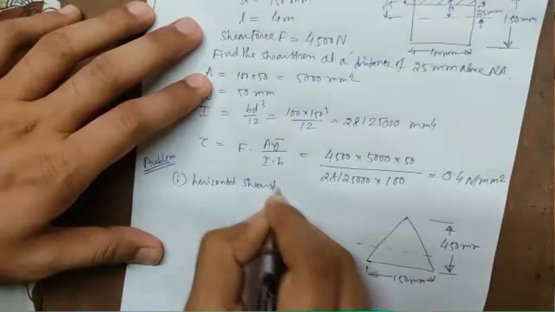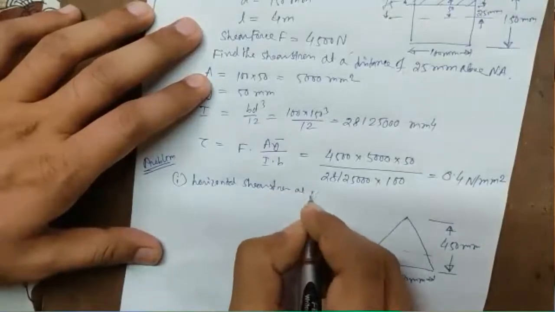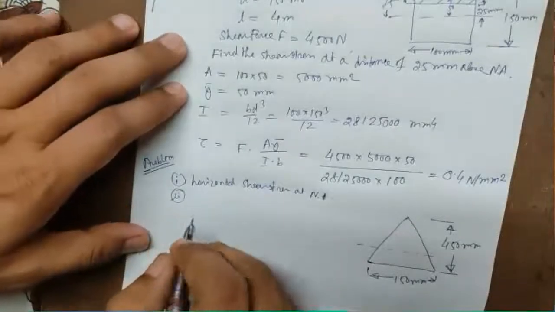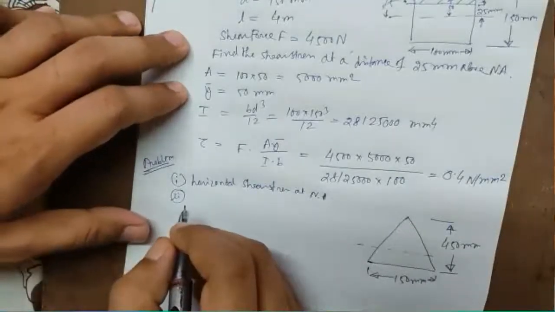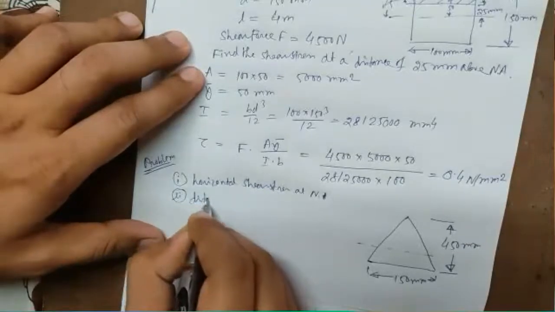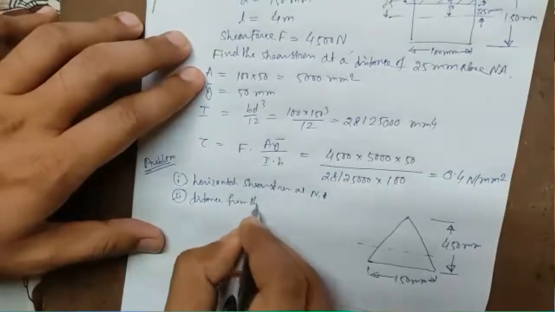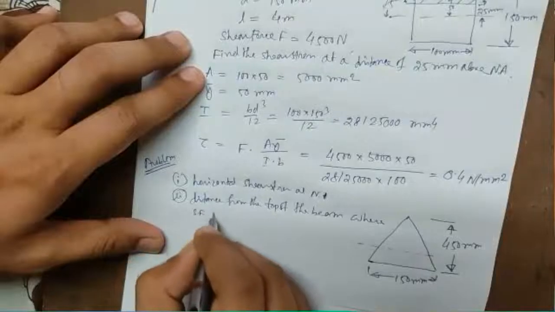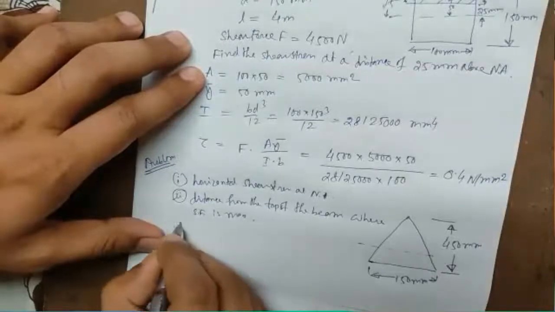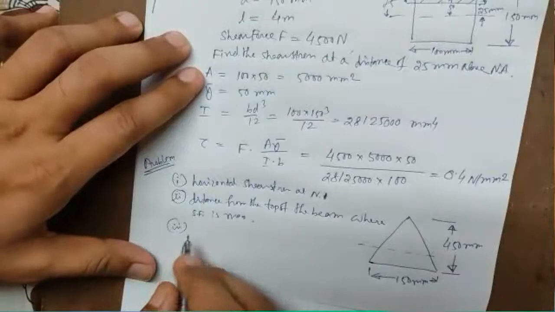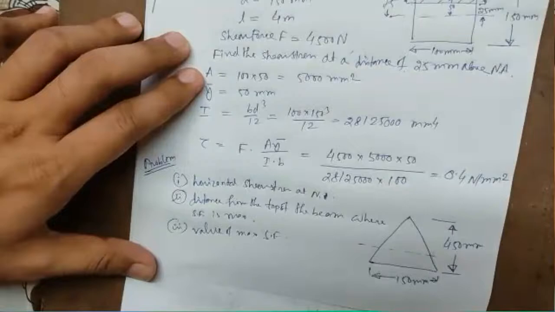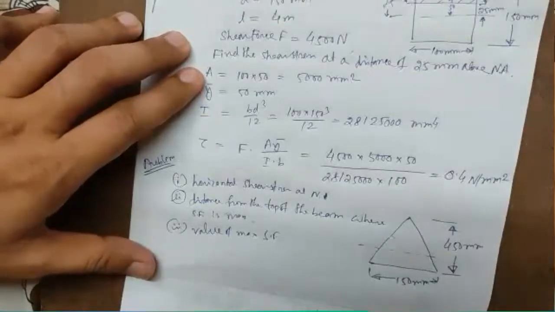Number 1, horizontal shear stress at the neutral axis. Number 2, the distance from the top of the beam where the shear stress is maximum. Number 3, the value of the maximum shear stress. Okay, so let us name the base.